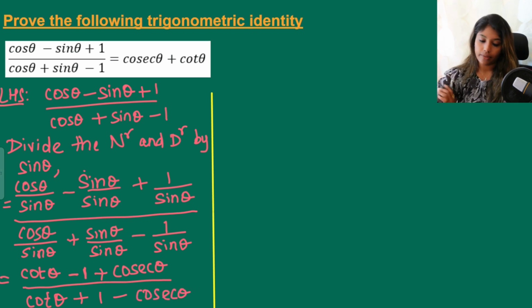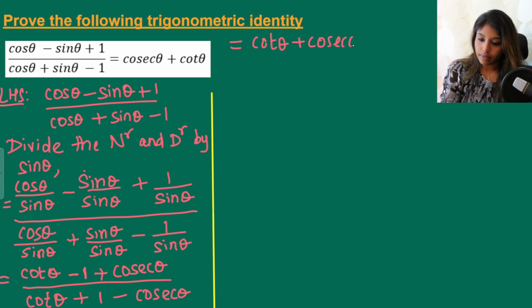So this is what you arrive at. Now I'm going to try and put the ratios together and the constant at the end. That gives me (cot theta plus cosecant theta minus 1) divided by (cot theta minus cosecant theta plus 1).